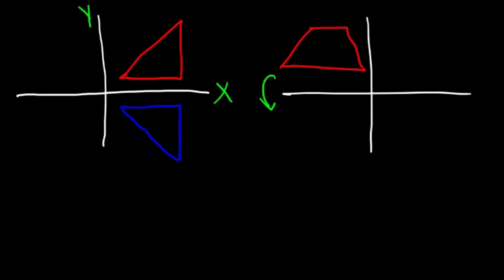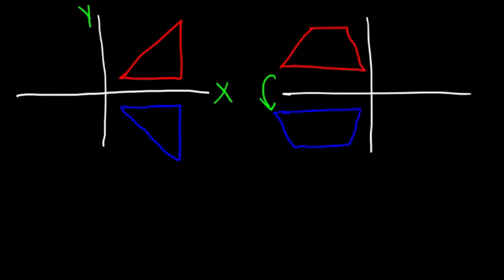Notice that the long side is closer to the x-axis. When you draw it in quadrant 3, the long side will still be closer to the x-axis. It's going to be just as long, but it's just flipped over the x-axis. My drawing's not perfect, but hopefully you get the picture.